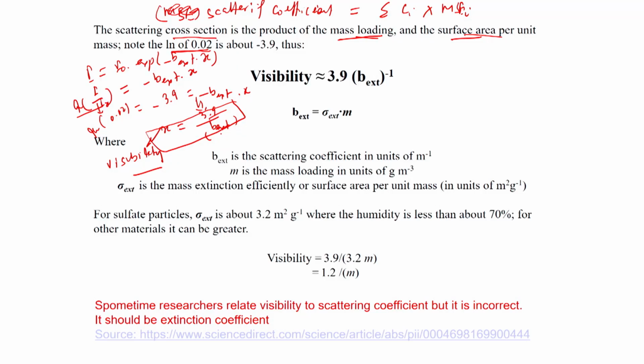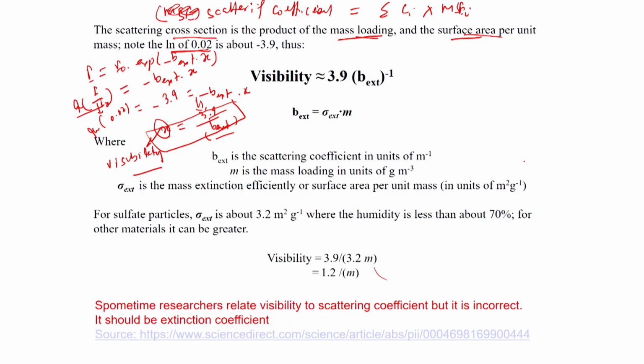So, if you have higher b extinction, meaning more attenuation of the light, visibility is inversely proportional, so you will have very low visibility. If you have very low extinction values, then you have very high visibility. This is very practical. High extinction means more particles in the atmosphere, a highly polluted atmosphere, and when you have a highly polluted atmosphere, the visibility becomes very low.